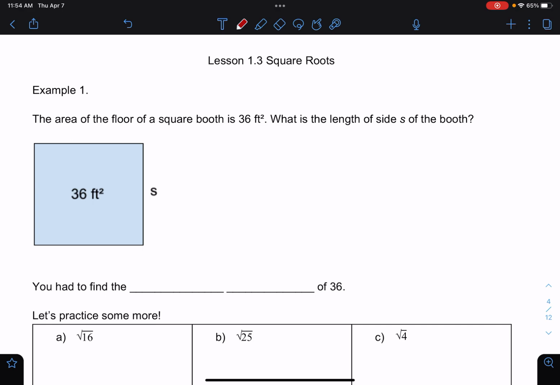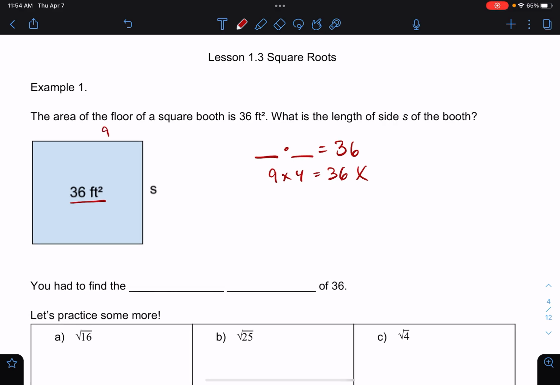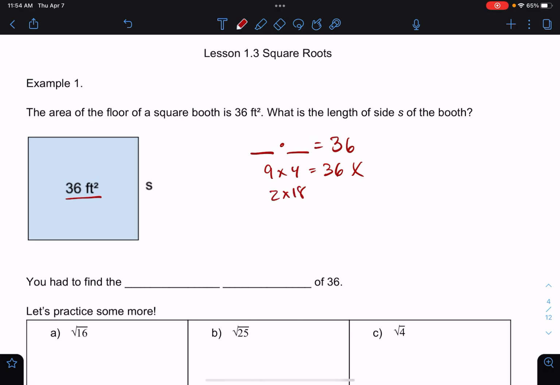So you essentially have to think: I know that something times something equals 36. What is that something? Well, I know 9 times 4 is 36, but that can't be a square, because 9 times 4 would be a rectangle. What about 2 times 18?